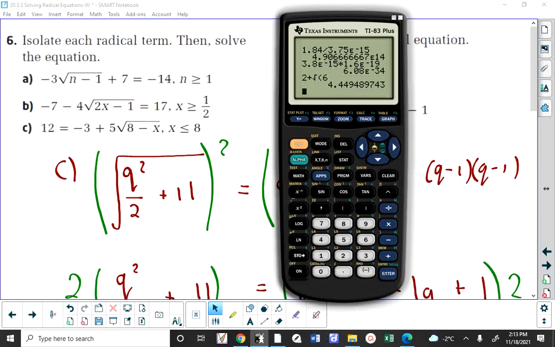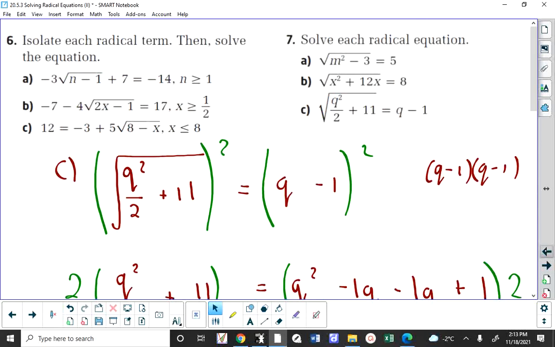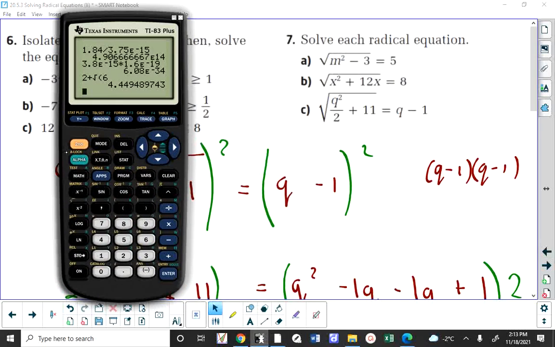Since I'm going to be using that number for the left side and for the right side, I'm going to store that, Kendra, by hitting the store key, as some letter, A for answer. Now I'm going to look at the left side and take A squared divided by 2, add 11, then take the square root.